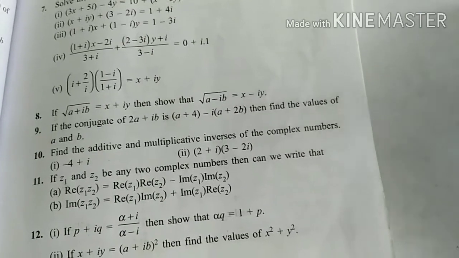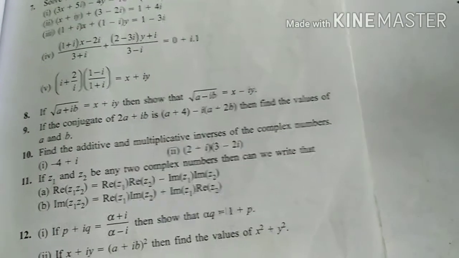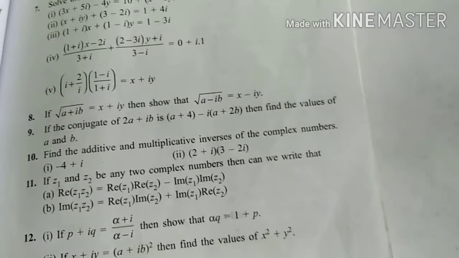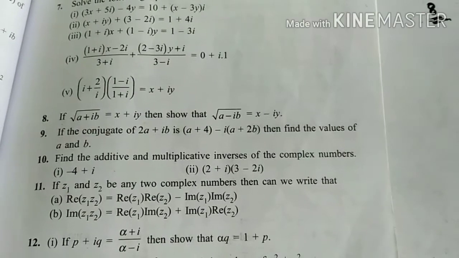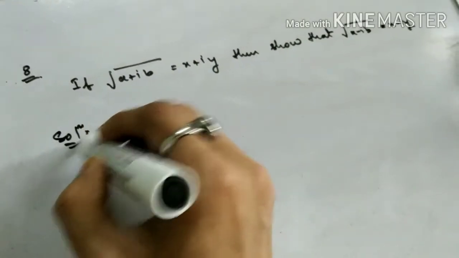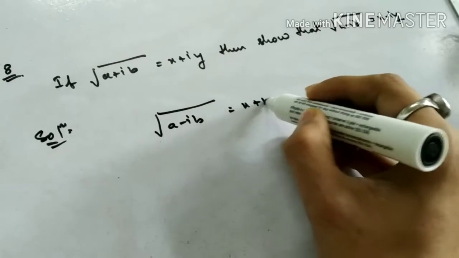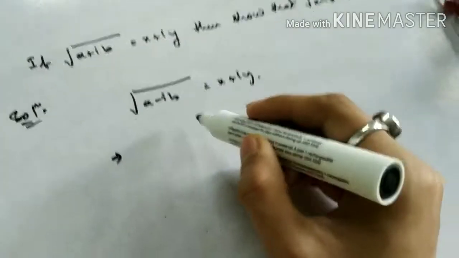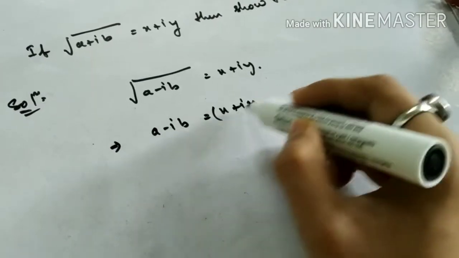Question number 8 says: if root over a plus ib is equal to x plus iy, then prove that root over a minus ib is equal to x minus iy. So solution here, it is given that root over a plus ib is equal to x plus iy. If I square both sides, I will get a plus ib is equal to x plus iy the whole square.